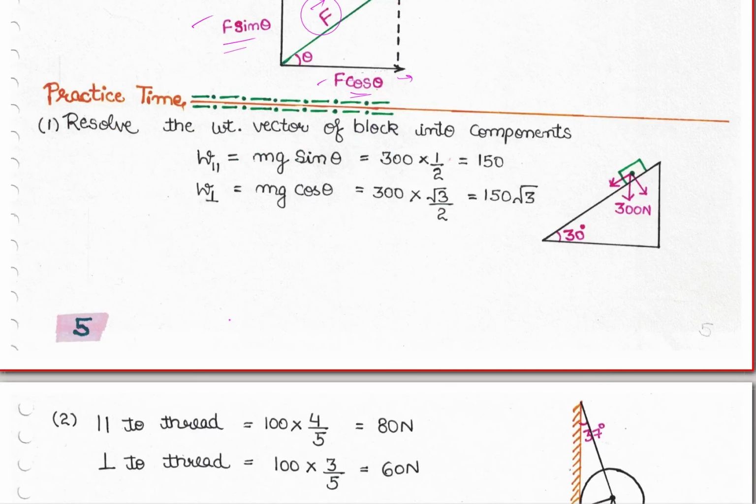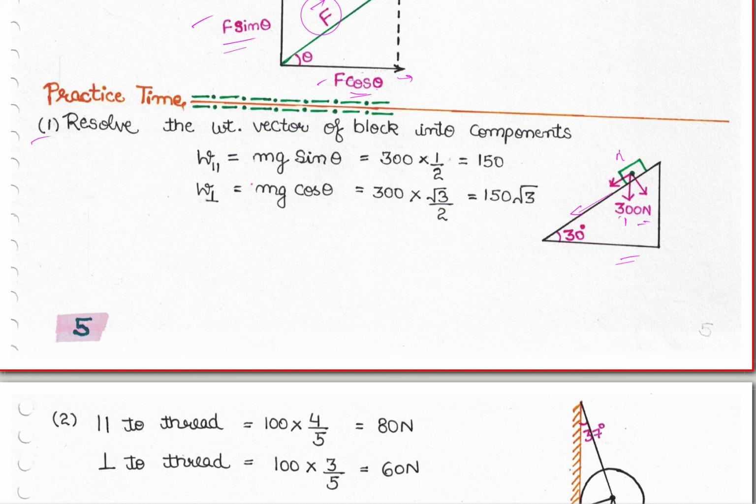Now some examples. Suppose a block is like this, which has a force in this direction with magnitude 300 Newton, and this is the inclined plane which is making an angle 30 degree with the horizontal.